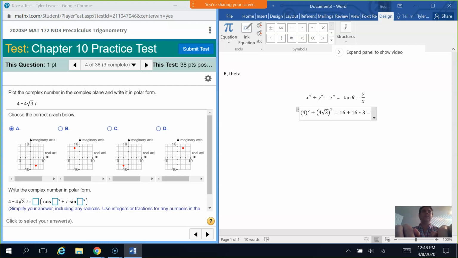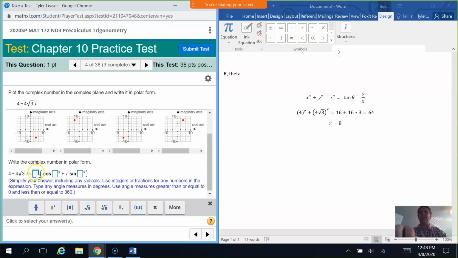Remember you have to multiply first. So 48 plus 16. Yeah, 64, that sounds better. And then the square root of that to get our r, so our r value is 8. And remember, that's the number that goes out in front for that polar form.